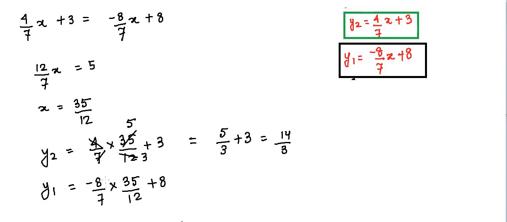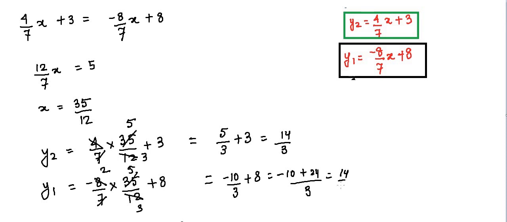On this side, this is going to cancel out, this is going to be 2, this is going to be 3, and 5. This side it will be minus 10 by 3 plus 8, which is equal to minus 10 plus 24 by 3. This is going to be equal to 14 by 3.